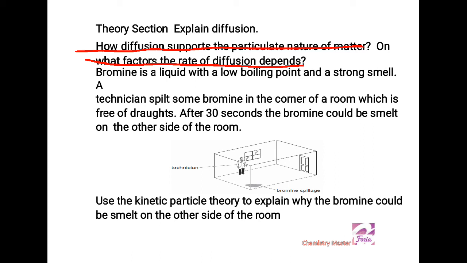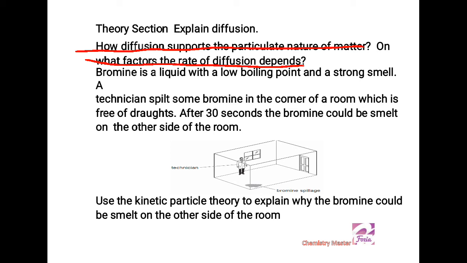The next part: bromine is a liquid with a low boiling point and a strong smell. A technician spilled some bromine in the corner of a room which is free of draughts. After 30 seconds, the bromine could be smelt on the floor on the other side of the room. The room is isolated; there is no opening or entry into the room.